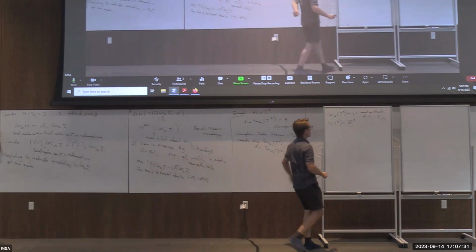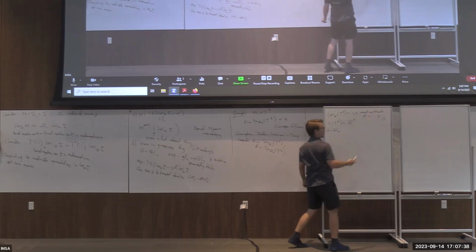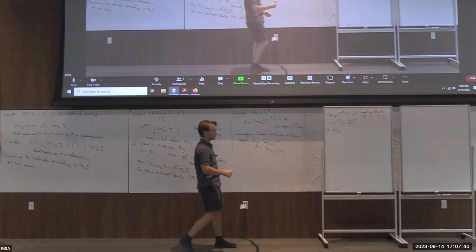Again, let me consider the case G = GL_n. So you look at three commuting matrices of size n.